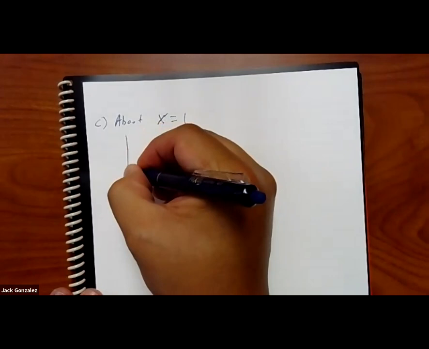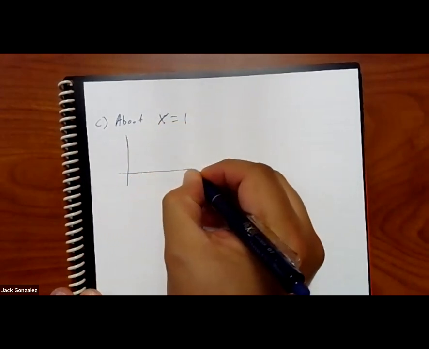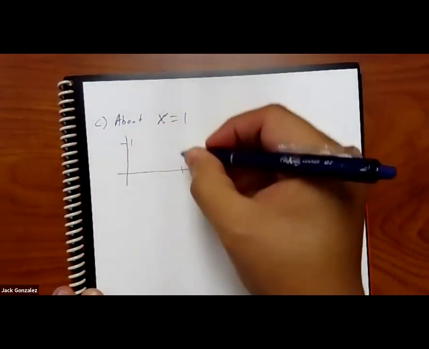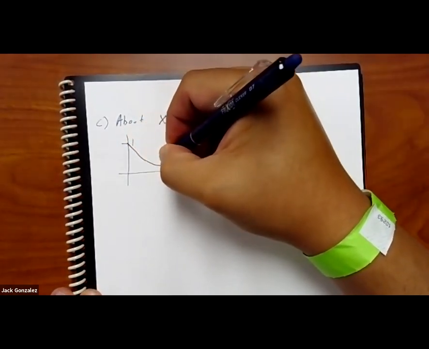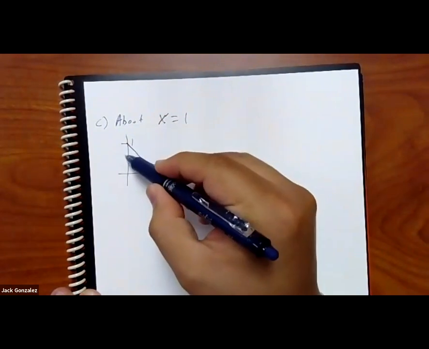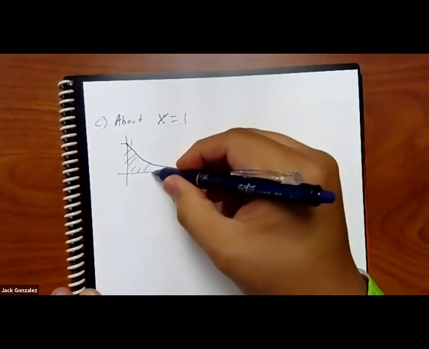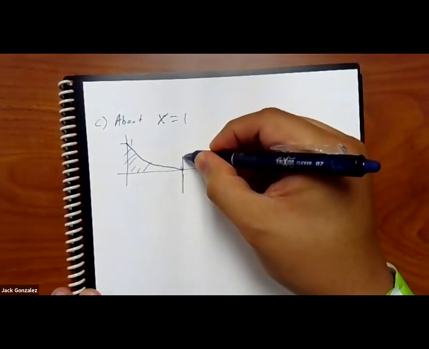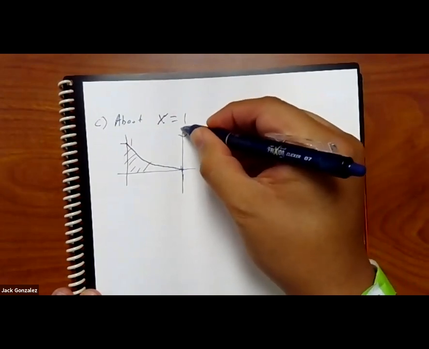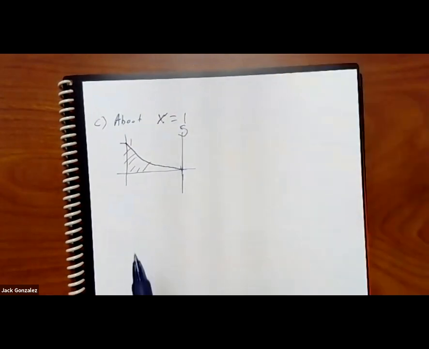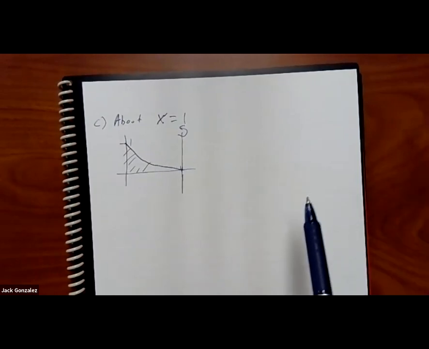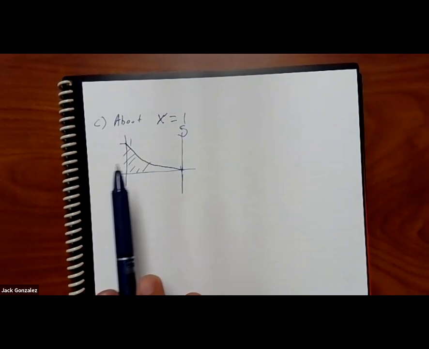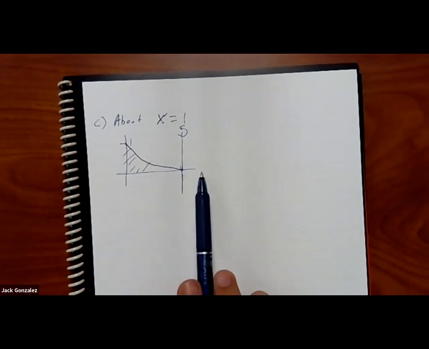Okay. Still the same graph, same region. This volume is rotated around this line, so I'm spinning this way now. I'm not spinning around here or down there, it's over here.